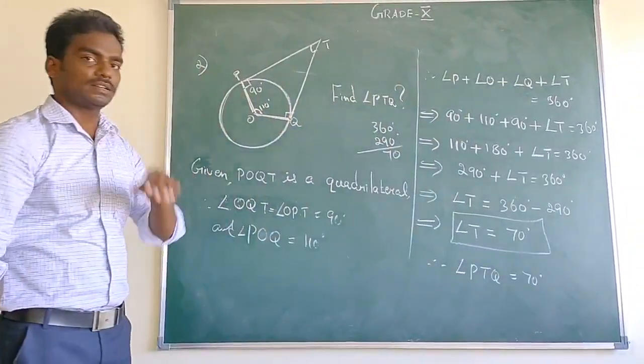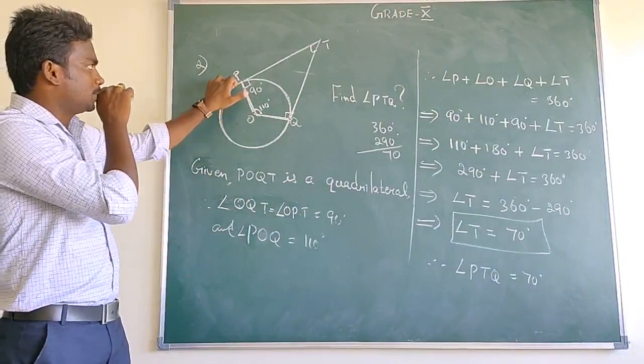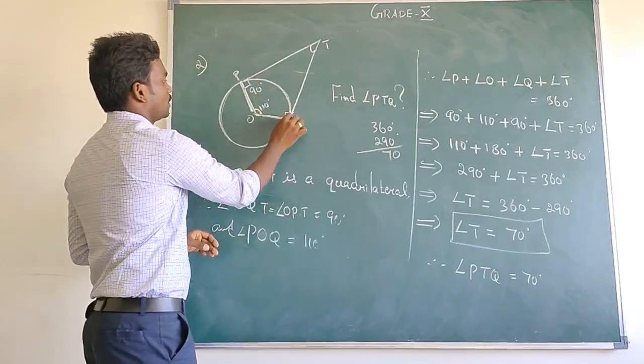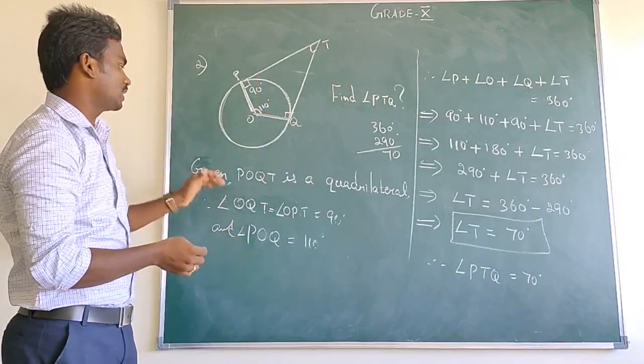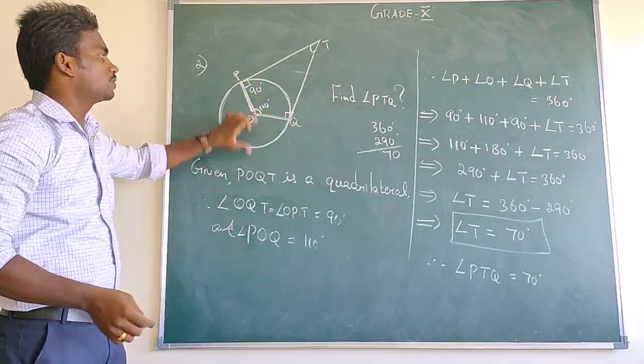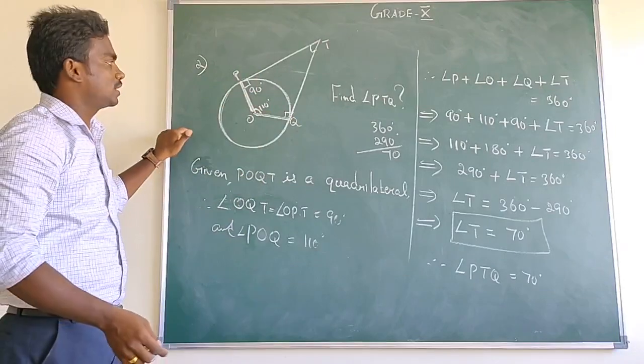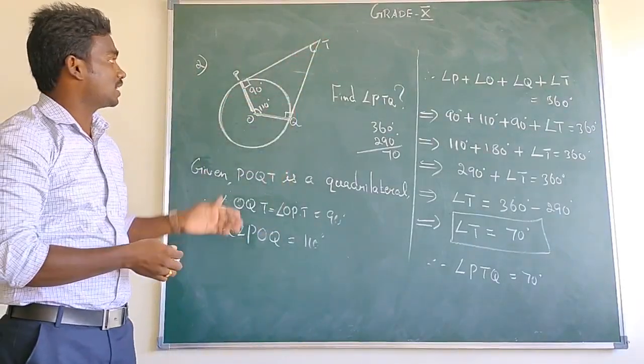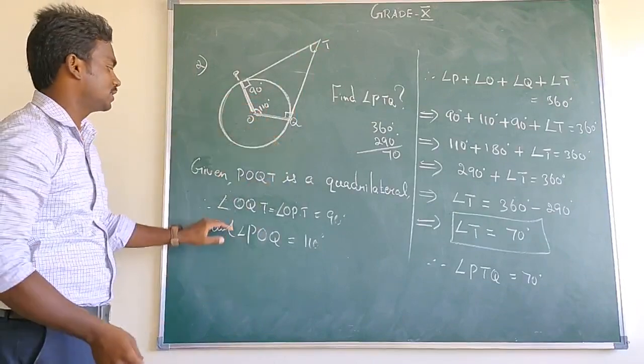So how to find the angle? This is 70 degree. Now PT and QT are tangent lines and PO and QO are the radii of the given quadrilateral. So given POQT is a quadrilateral, how to find the unknown angles? The sum of all the angles of the quadrilateral is 360 degree.